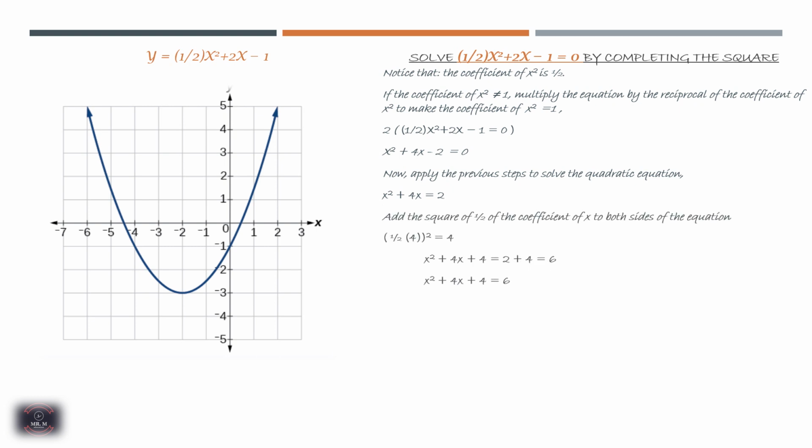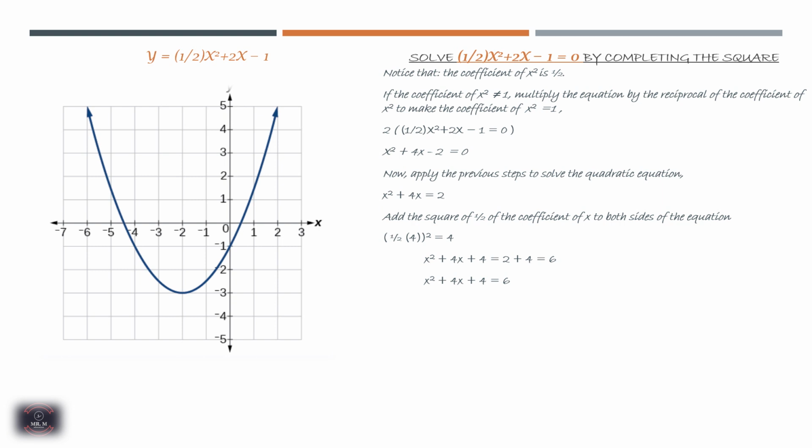The next step is to calculate the square of half of the coefficient of x. Here, the coefficient of x is 4. Therefore, half of the coefficient of x is half of 4, which is 2. Square 2 to get 4.